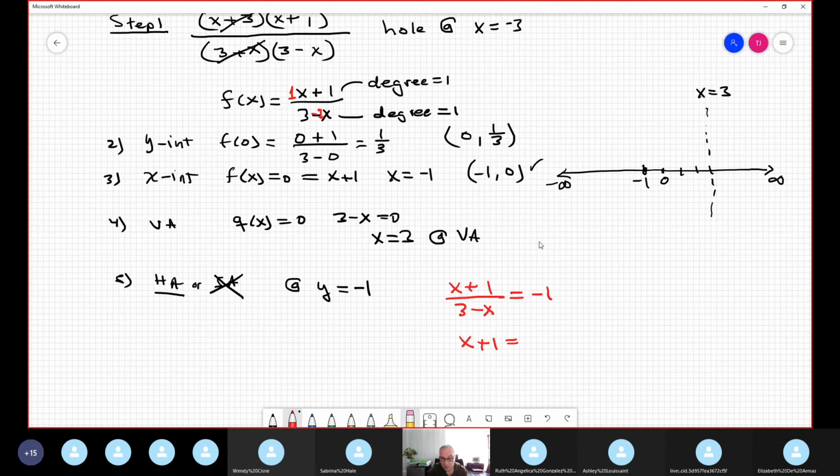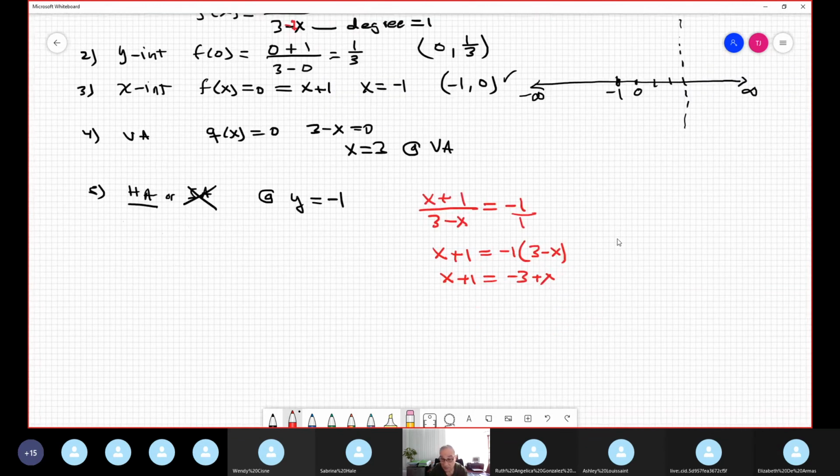Multiplying, x plus 1 equals -1 times (3 minus x), which is -3 plus x. Wow, look at that. This x is cancelled, it's obvious, right? On the same side and the same side, and we have a contradiction: 1 equals -3, which is completely false. The interpretation is that our curve never crosses the horizontal asymptote.